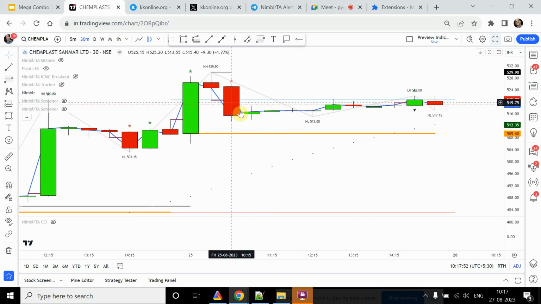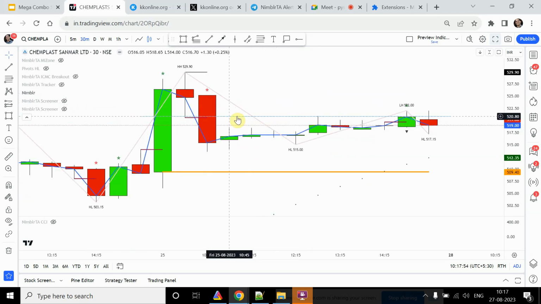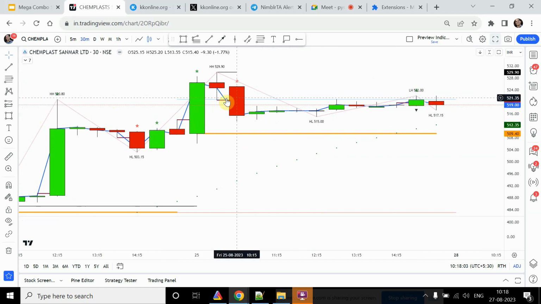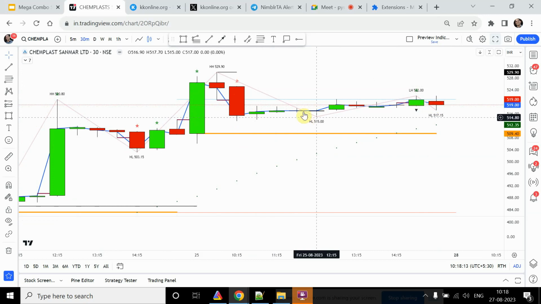If you see this faint blue line over here, this blue line tells us the high of the previous day. We went on an ICMC breakout below that line, and as of now we are still below this line and we have not crossed the high of the previous day on a closing basis.